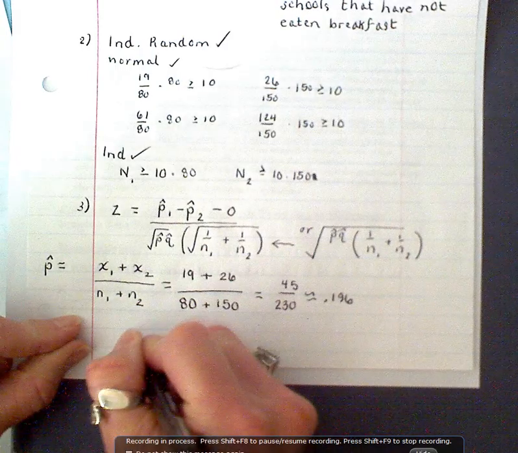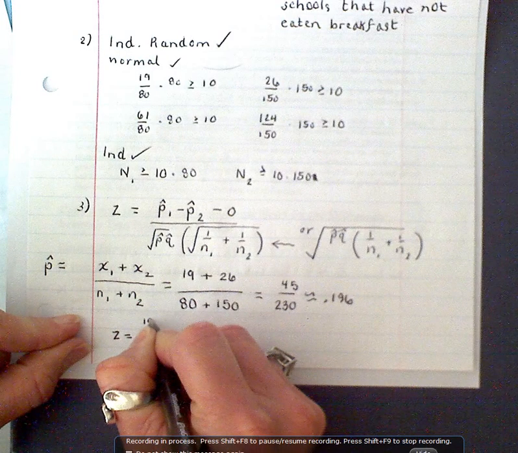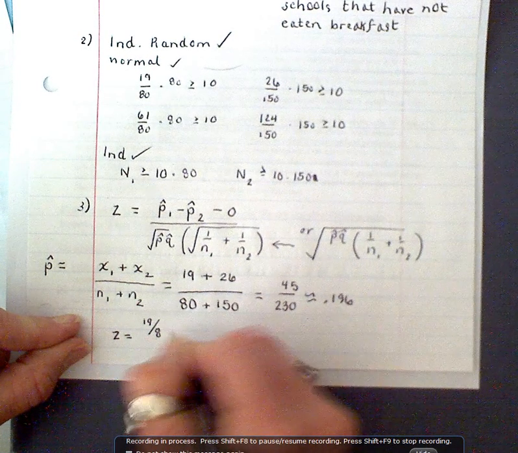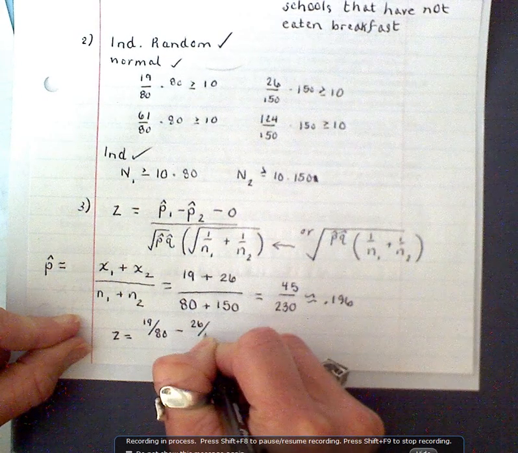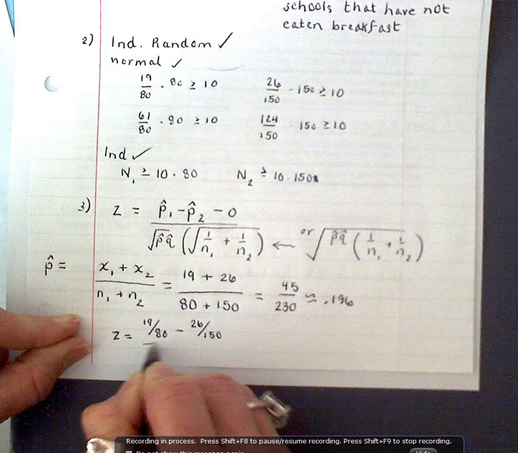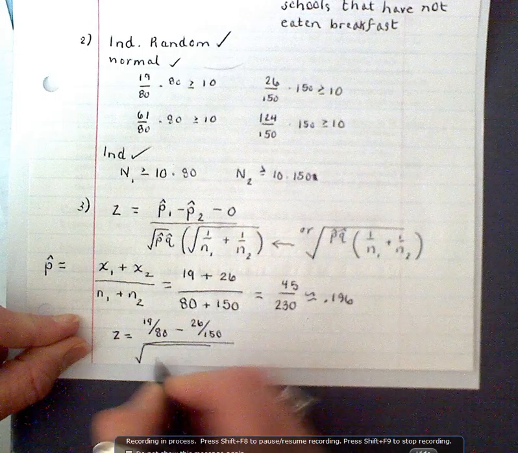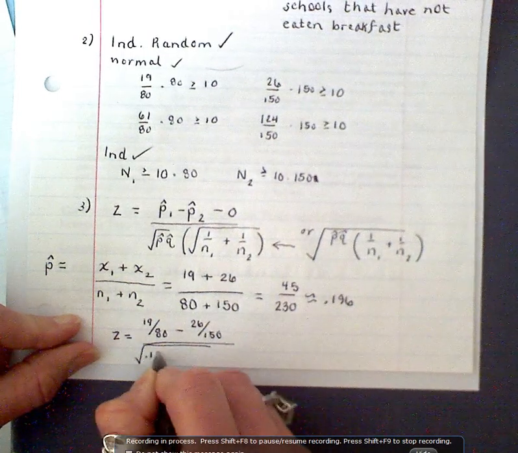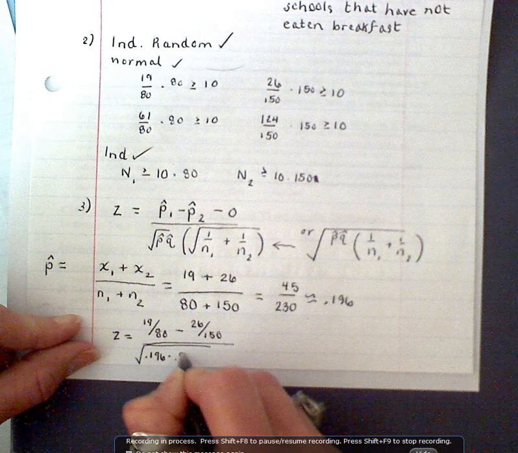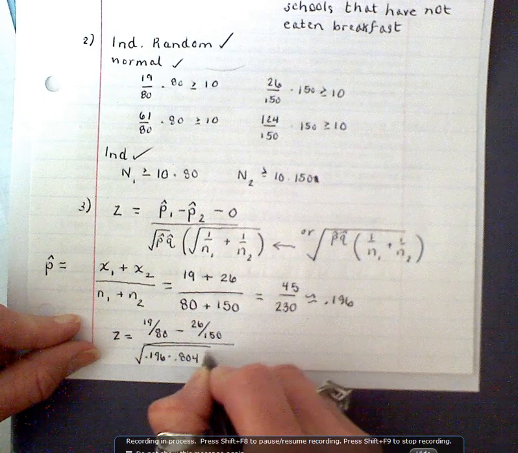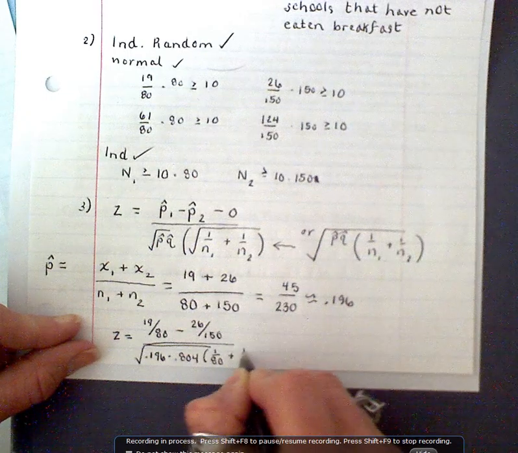So z is equal to p-hat 1, which was 19 out of 80, minus p-hat 2, which was 26 out of 150, minus 0, of course, doesn't affect that, all over the square root of our pooled p-hat, which was about 0.196, times 1 minus that, which would be about 0.804, and then times 1 over the first sample size plus 1 over the second sample size.